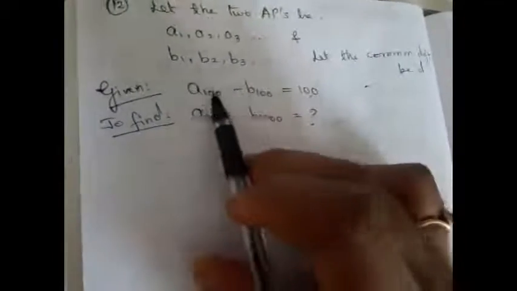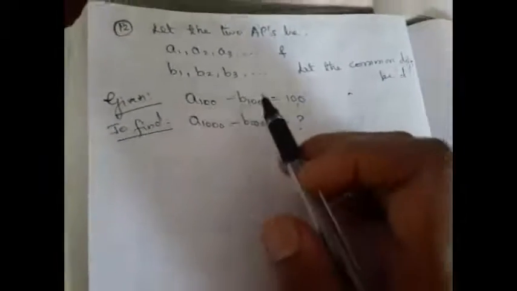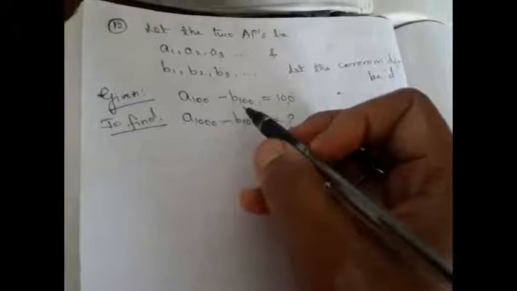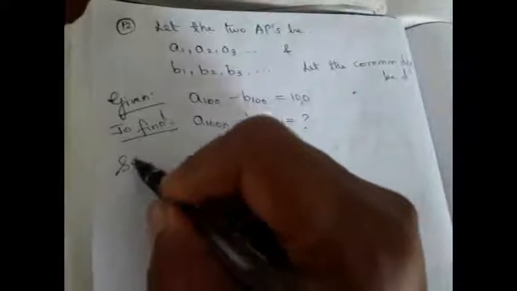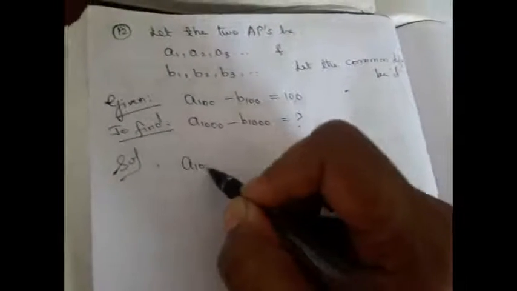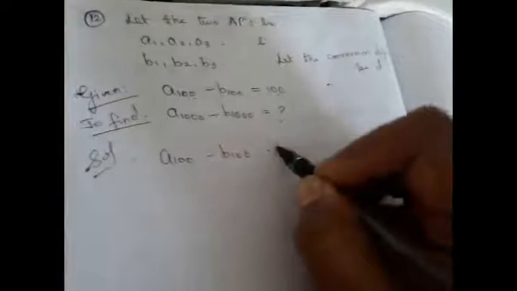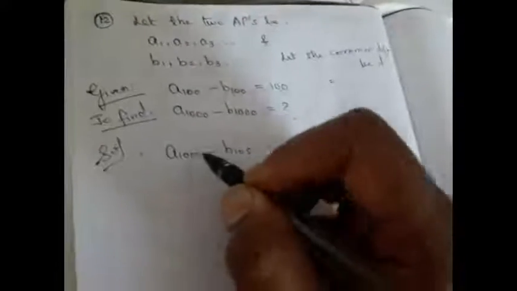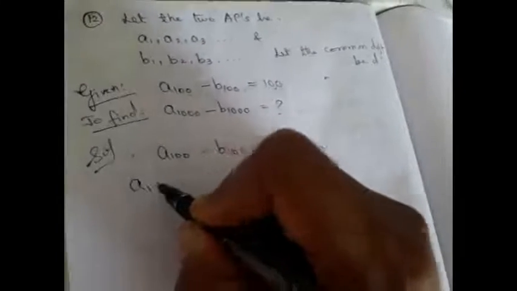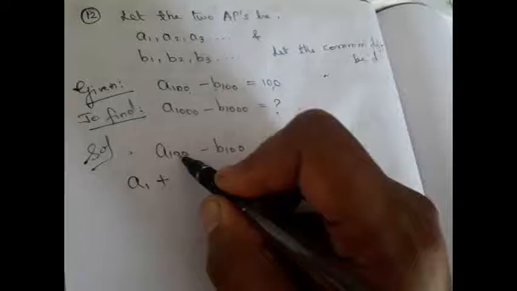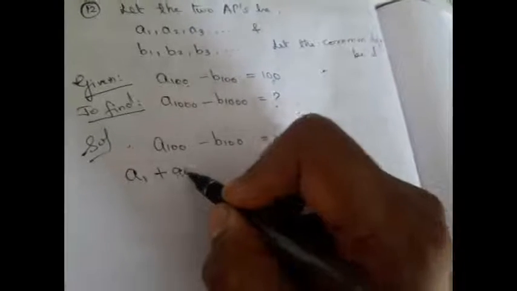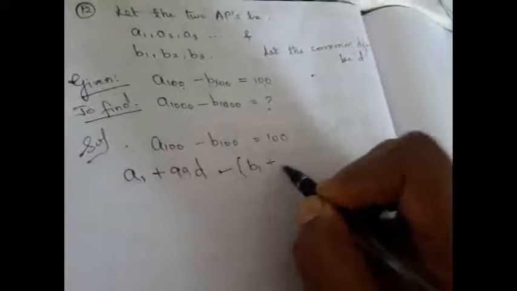First let us find the difference between their 100th terms. We will start from the given. A100 minus B100 is given as 100. What is the a_n formula? a + (n − 1)d. So A1 + 99d minus (B1 + 99d).